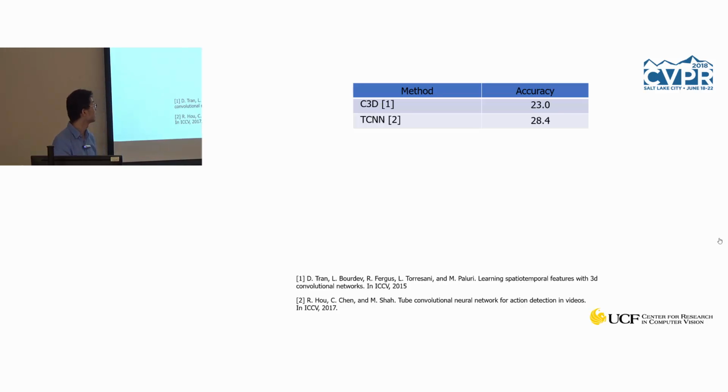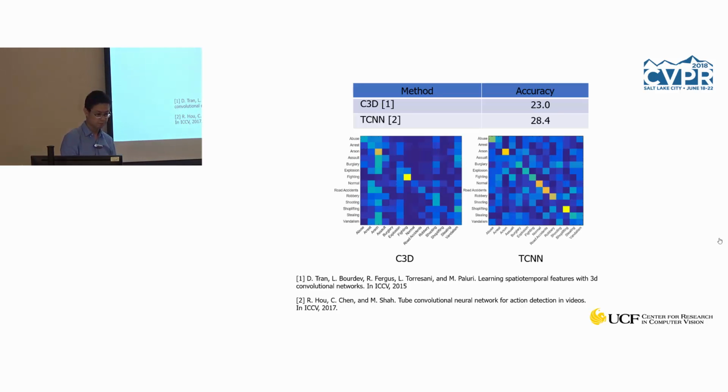And the accuracy is pretty low. The reason is that the surveillance videos are very diverse, often low resolution, and long and untrimmed. So it poses challenges for action recognition algorithms. And here is the confusion matrix of these two methods.